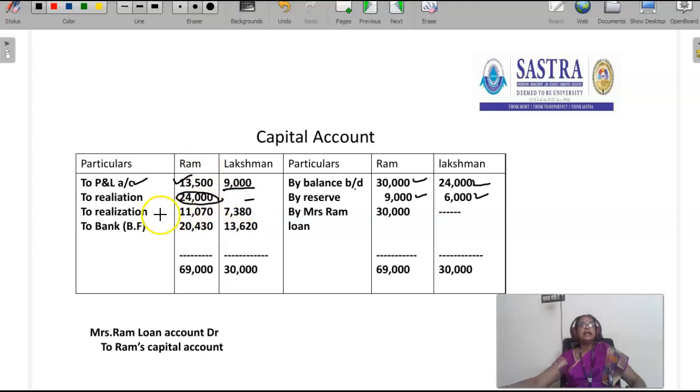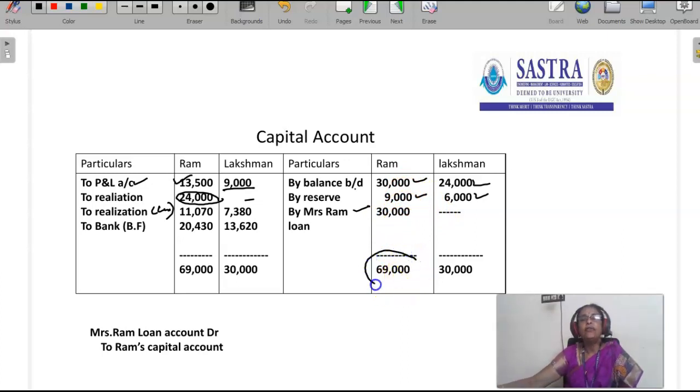Then this is the realization loss. Realization loss is debited here: Ram's account is debited 11,070, Lakshman's account is debited 7,380. On this side, Mrs. Ram's loan account is transferred to Ram's capital account because he has agreed to discharge the loan. Then we have to calculate the final settlement amount.